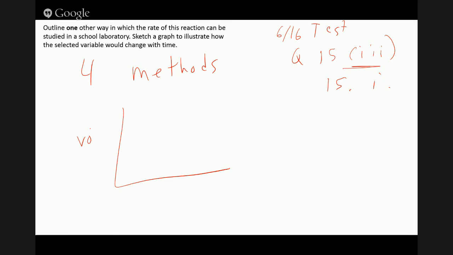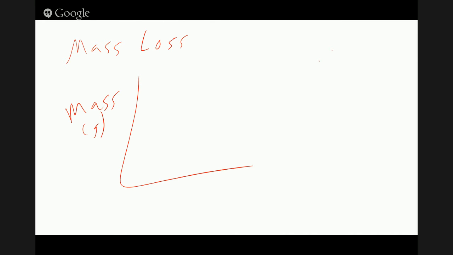And that first method is the volume of a gas over time. And we collect the gas over time. We take the tangent. The slope of the tangent is the rate. But that was what the question was about originally. So now it says outline one other way in which the rate of reaction can be studied. So if you think about that lab, another way we did it was mass loss. So this is mass in grams.